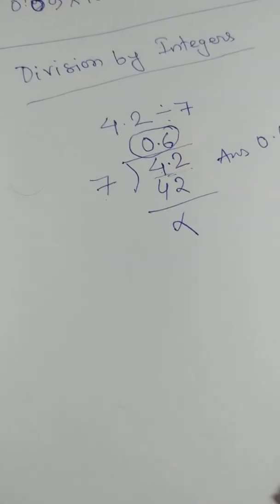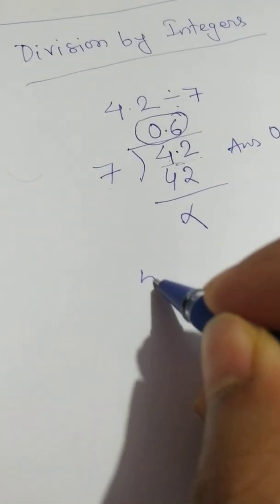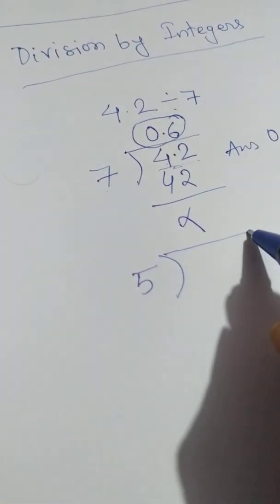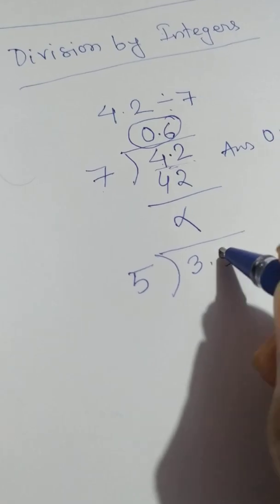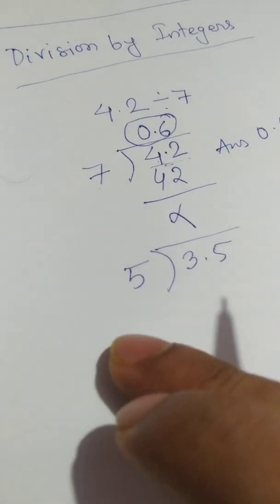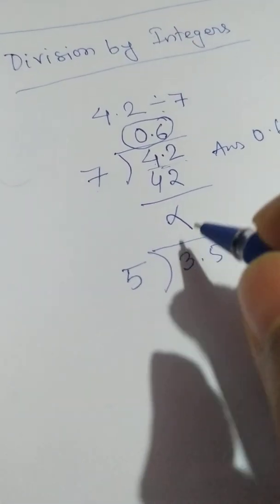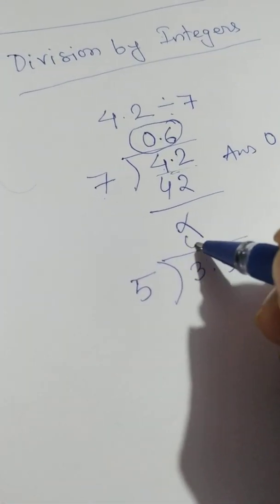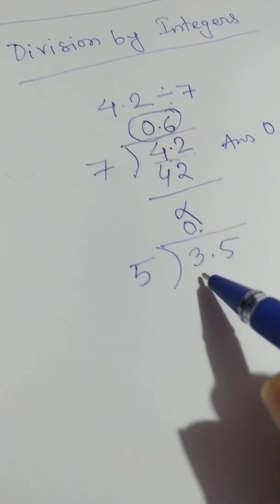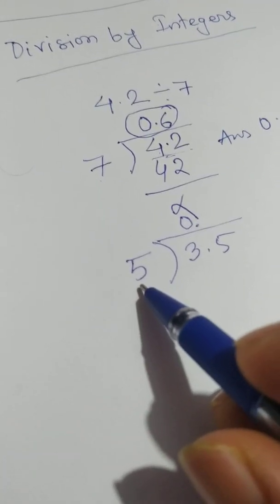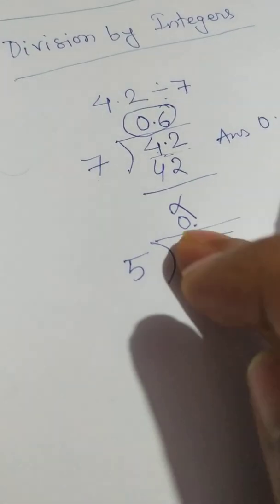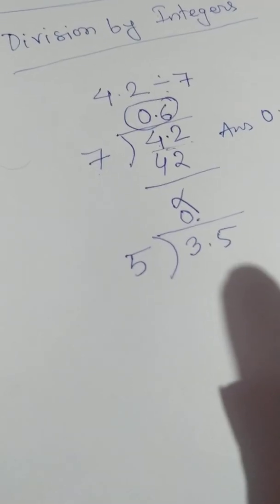I'll give you another example. Let's say I'm trying to divide 3.5 divided by 5. In that case, we can put a 0 point first, since 3 is smaller than 5. So we put a 0 point, and this point we take out of consideration.